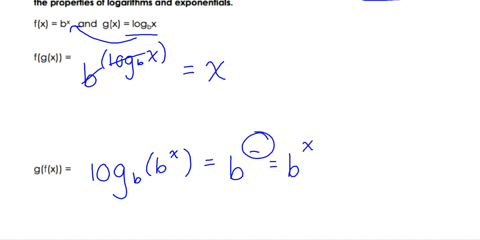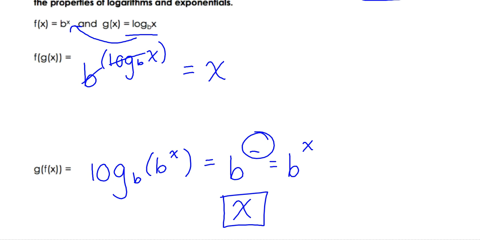And the only thing that can go in that spot is x. So same thing, as long as we get x out, we can see that both of them equal x, and that tells me that they are inverse functions of each other. So that's just a little side note to help us remember why they're inverses of each other and how that changes our graphs.